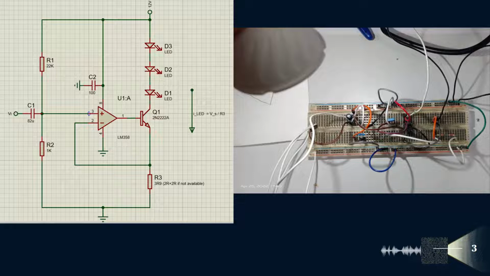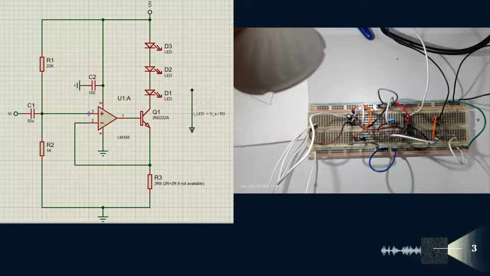We can calculate C1 as 1 divided by 2 pi R times FC, equals 1 by 2 pi times 10 cubed, and then times 2, which is around 80 microfarad. And the next higher available value of the capacitor is 82 microfarad.